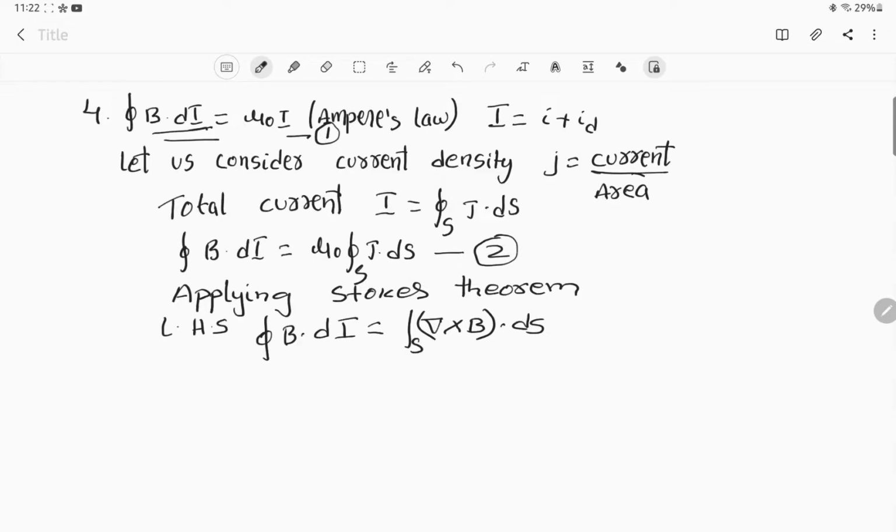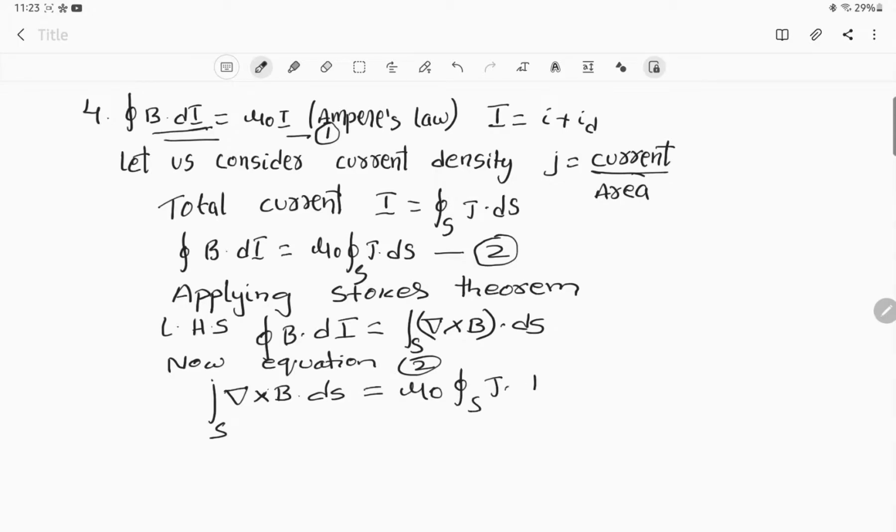Now I can rewrite equation number 2. The surface integration of del cross B dot dS is equal to mu naught times the surface integration of J dot dS.